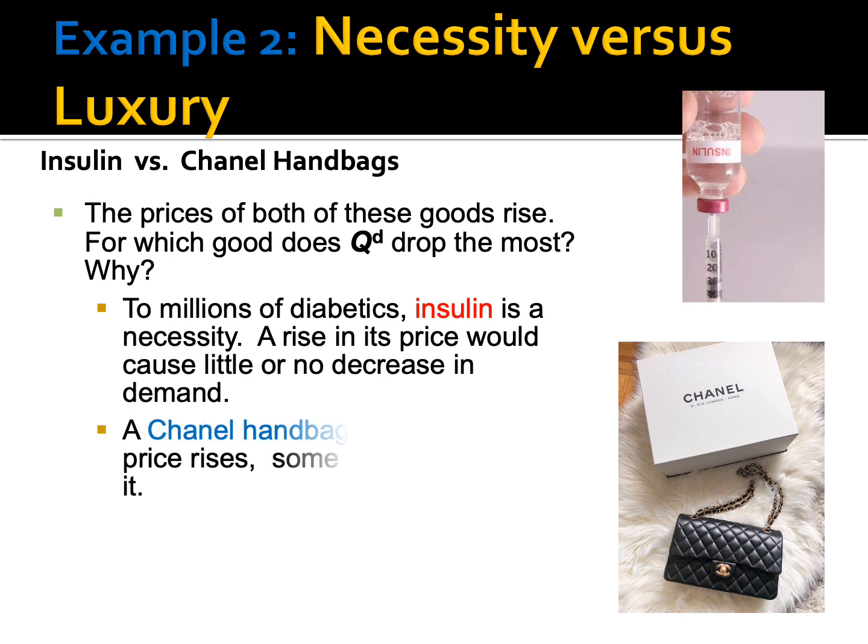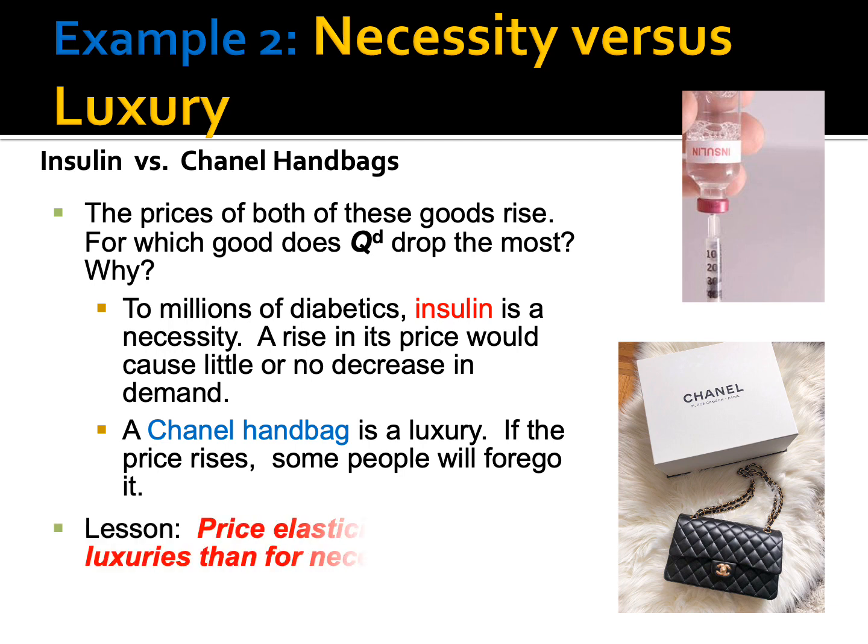Now, when we think about a Chanel handbag, this is a luxury good. Okay, this becomes very elastic. And basically, as prices of this good rise, many people will forgo it. We know evidence of this exists during recessionary periods because typically when a recession begins, the first goods that consumers really stop their consumption of are luxury items.